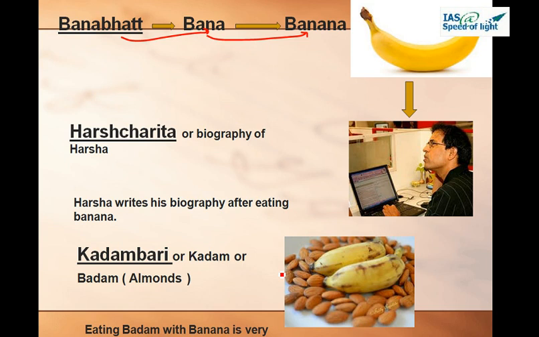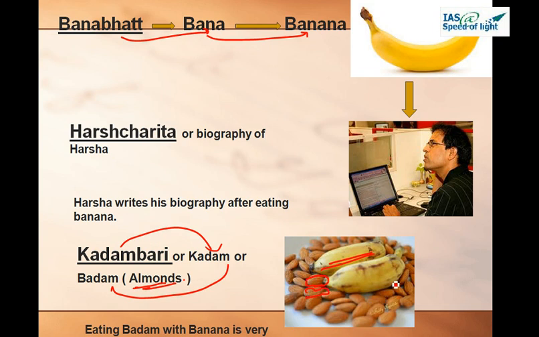Another book we want to relate to Bana Bhatt is Kadambari. From Kadam, we get Badam, and Badam actually means almonds. So eating banana with badams, or with almonds, is very good for health.